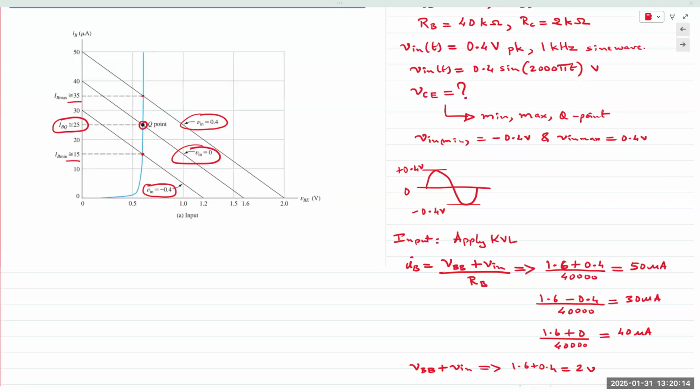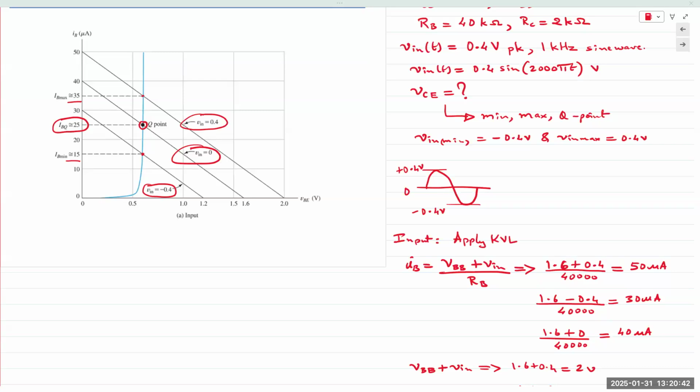So far, so good. Again, so far, the only difference from the diode load line analysis is the addition of V in. Other than that, it's exactly the same steps. Okay, we are given the characteristic curve for the input junction, which of course, because it's a forward bias junction, looks like a diode.